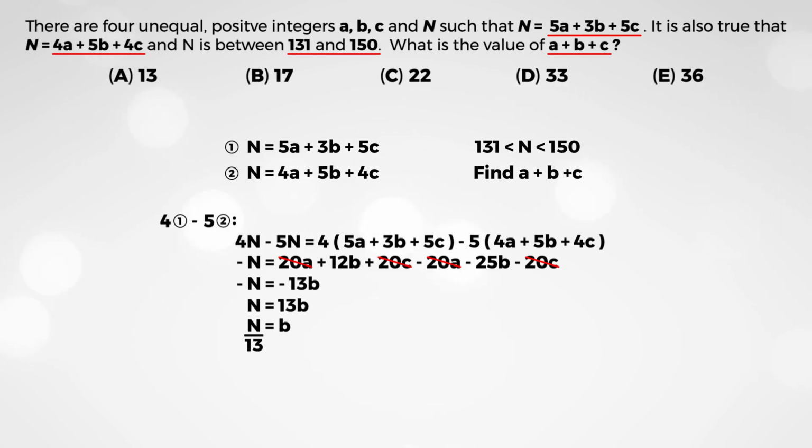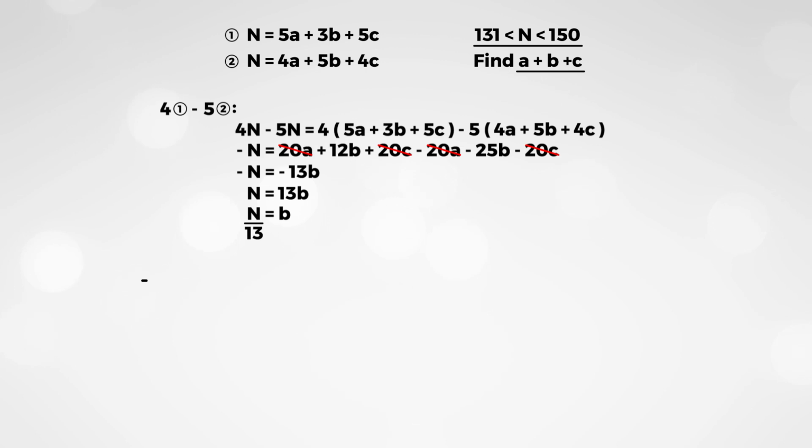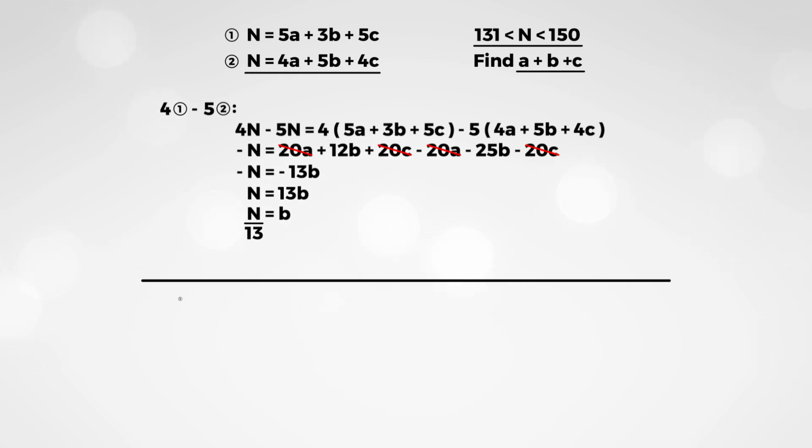Looking at this carefully, we want to find a plus b plus c. And if I can somehow get that, or at least a multiple of that, I can then use this comparison. When I looked at these two, the first thing I noticed is that if I add them, 1 plus 2, it's not a perfect match.